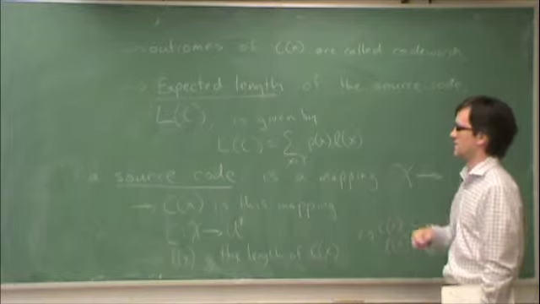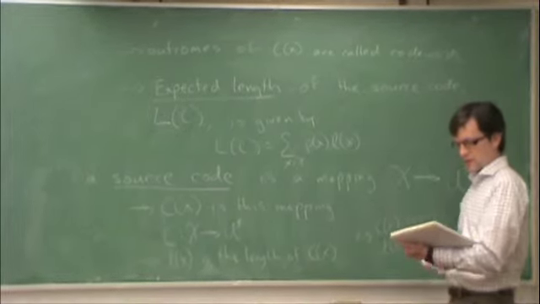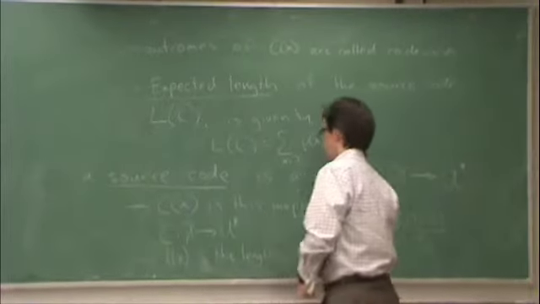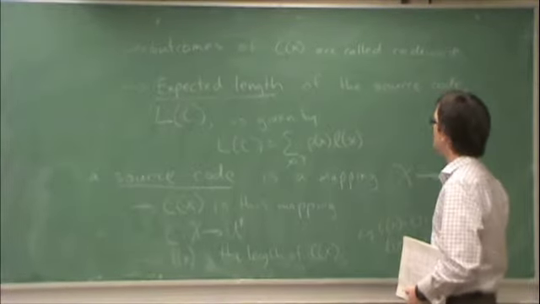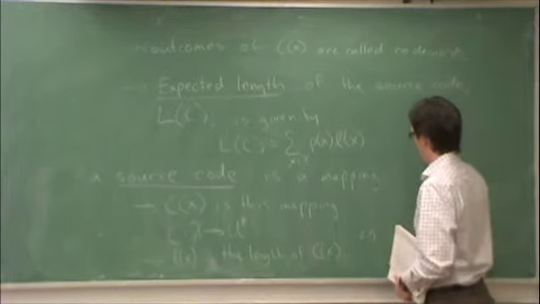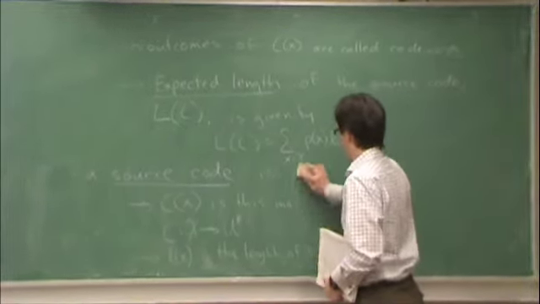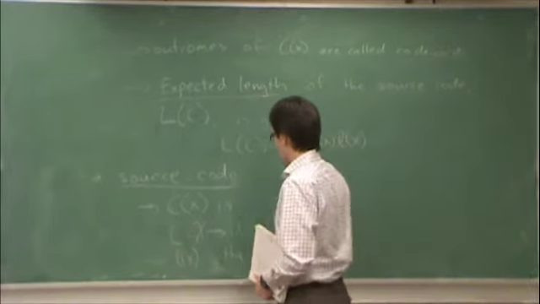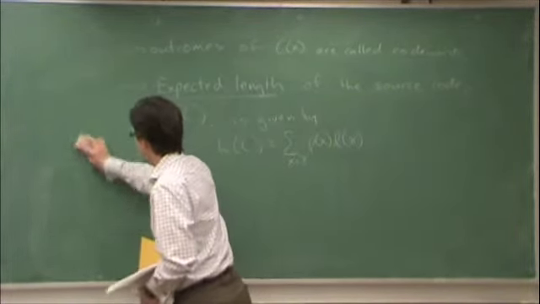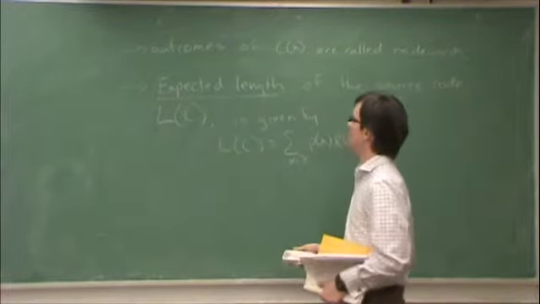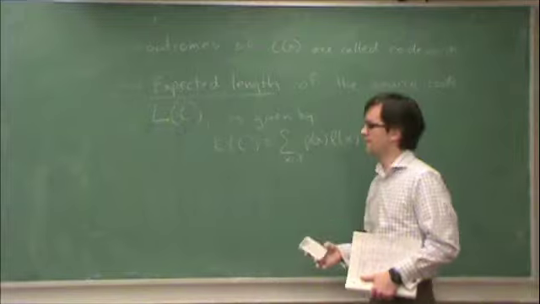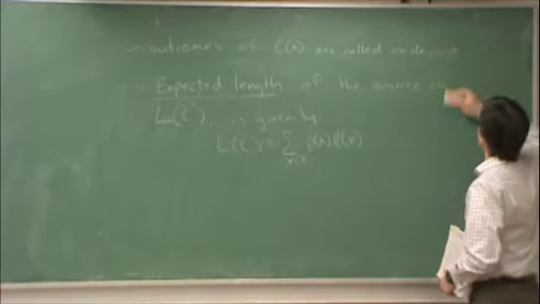So again, that's something we've already seen. The idea is to find C, this mapping C of X, that minimizes this average length.